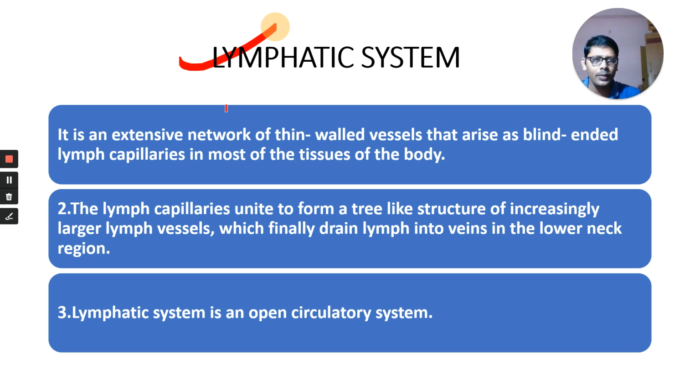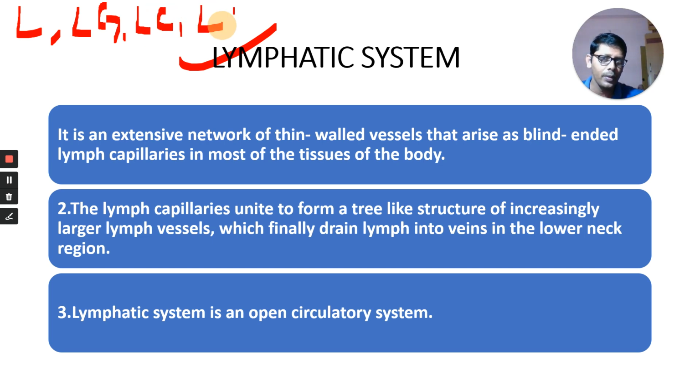The lymphatic system consists of lymph glands, lymph capillaries, lymph vessels, lymph ducts, and lymph nodes. These are all components of the lymphatic system.